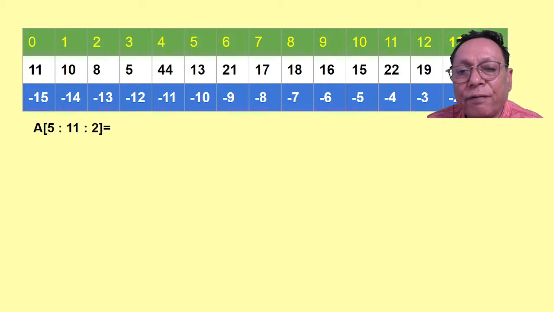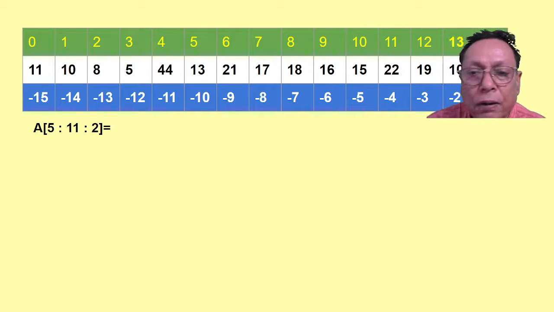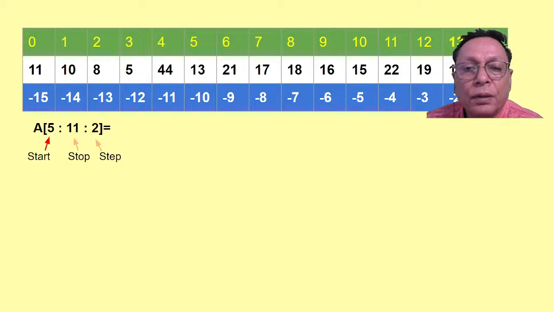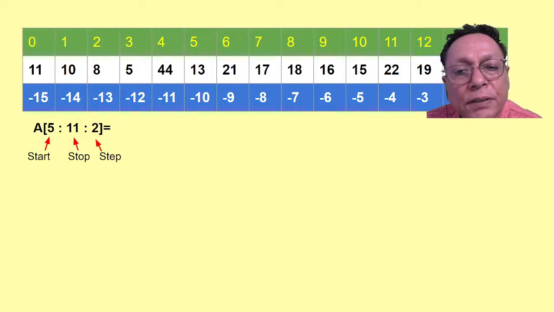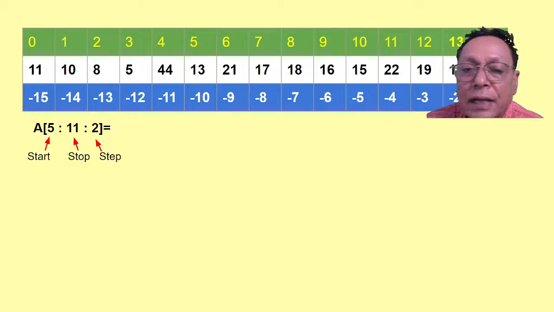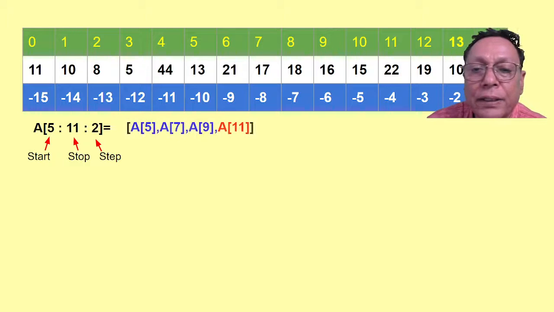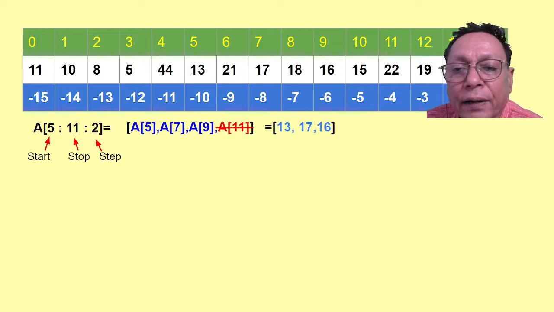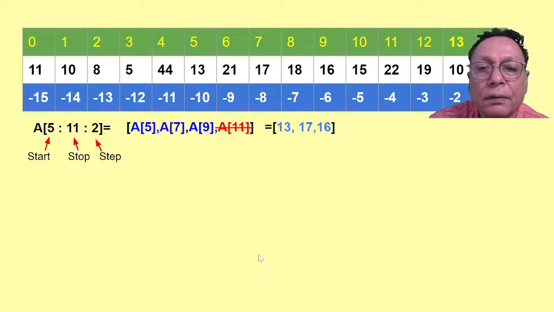You'll start from index number 5, and we'll have to move left to right as this step is positive. So start is 5, stop is 11, and step is 2.